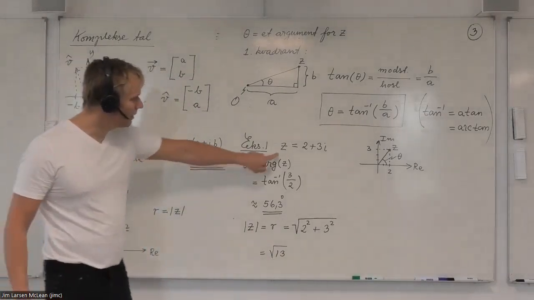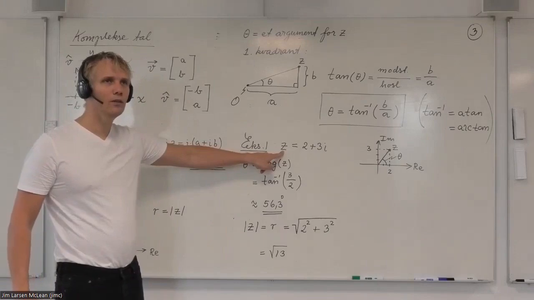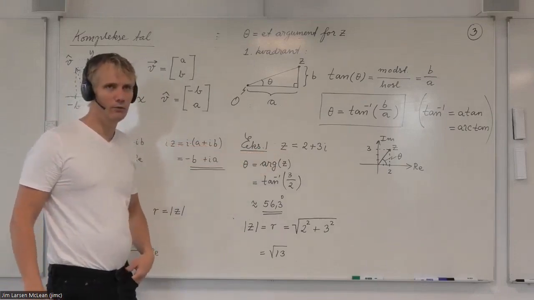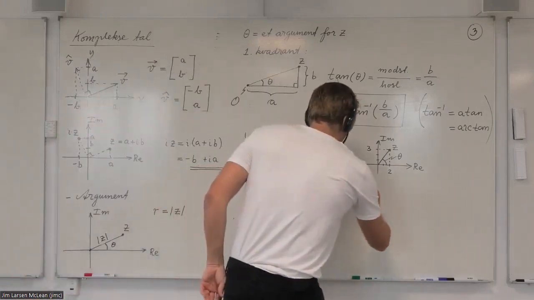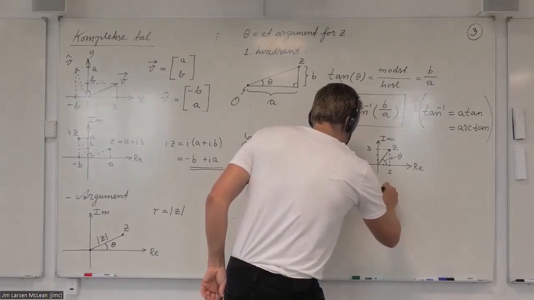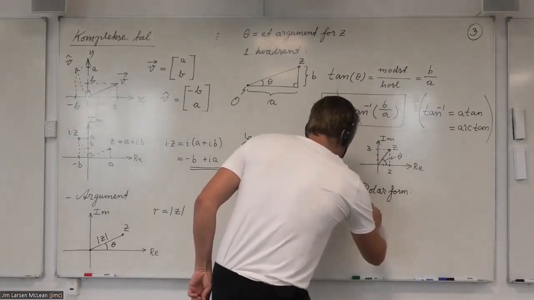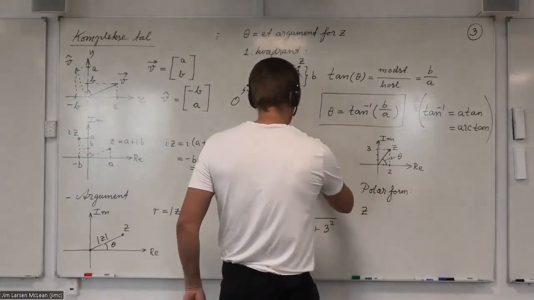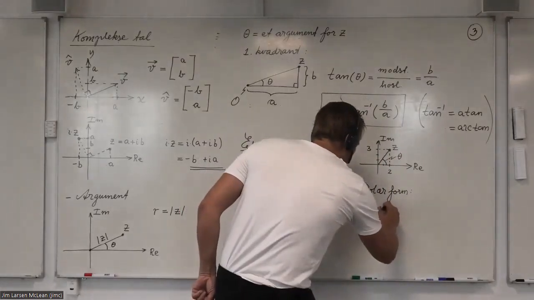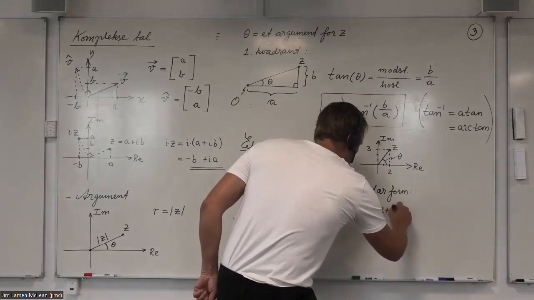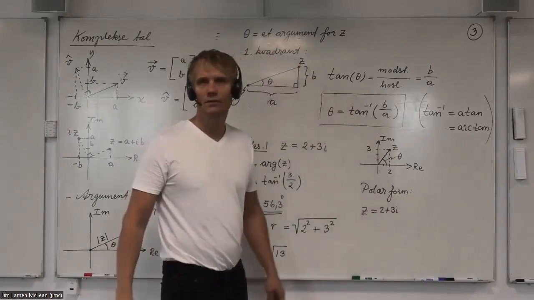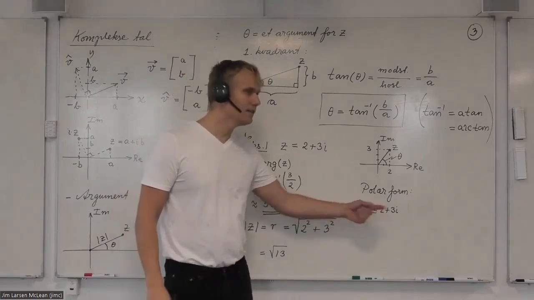And now you can actually write the complex number z in a new way. And this new way is called polar form. So the complex number z known as 2 plus 3i is right here. It's called 2 plus 3i because you should be able to tell your neighbor where it is.